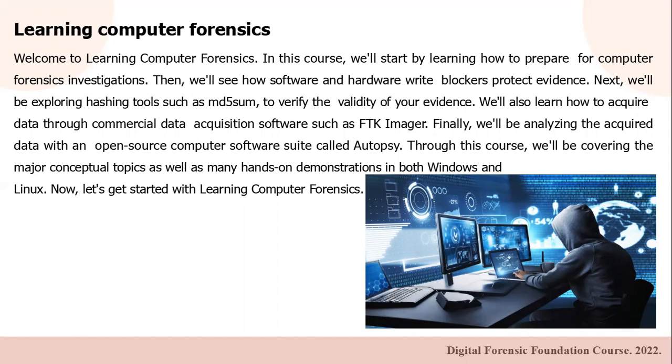There are software and hardware write blockers to ensure that, because imagine you have a document with ABC written on it, and you want to present it as evidence. You must ensure that the same way you picked up that document, ABC, is the same way you're going to present it in court, or use it to establish the fact.